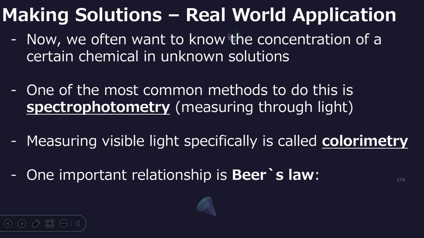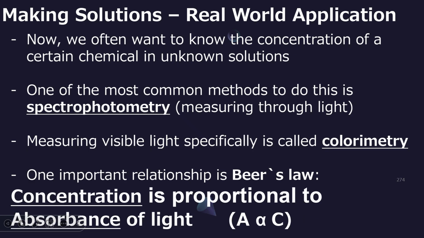One important relationship here is Beer's law. This is actually not really part of the IB chemistry curriculum, but it's part of most university curriculums. I'm sure you'll see this if you take chemistry in university. So Beer's law says concentration is proportional to absorbance of light.